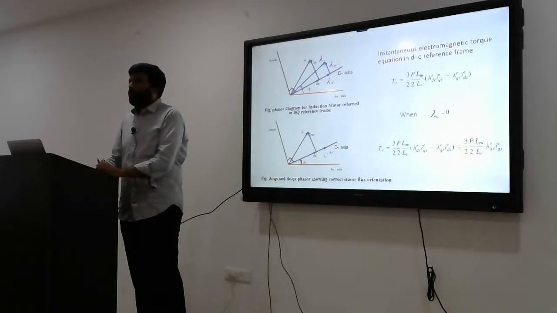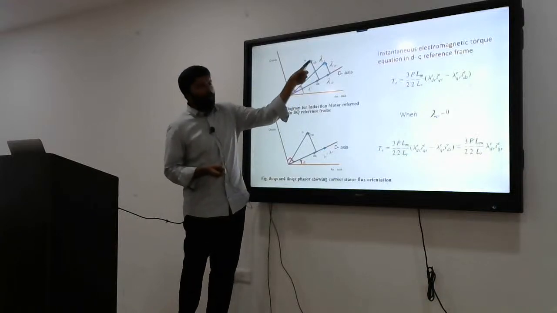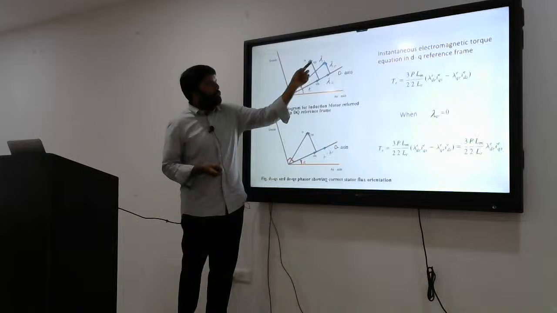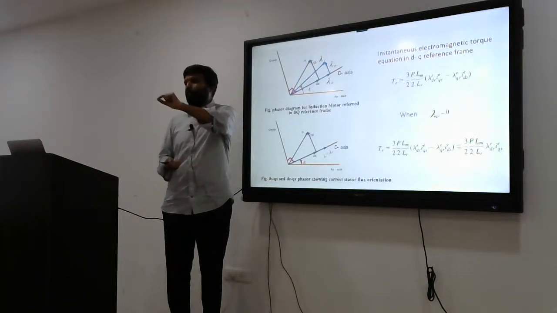Without taking three-phase variables, by taking two-phase variables also, we can produce the same information. So here IDS and IQS, these two components will take responsibility to produce the same effect as the three-phase variables.